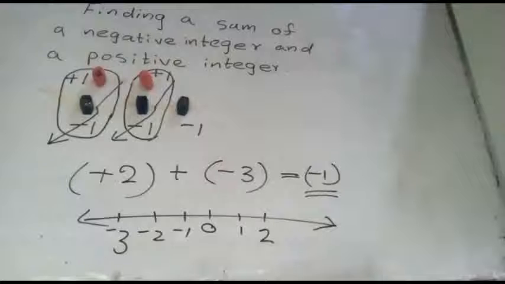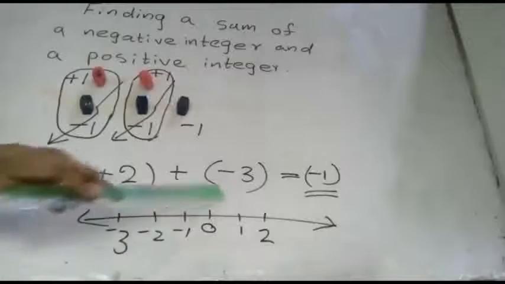When adding two directed numbers of opposite signs, obtain their difference without considering the signs and write the answer with the sign of the directed number which is further away from 0 on the number line.